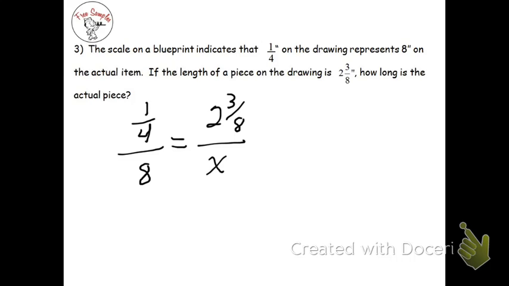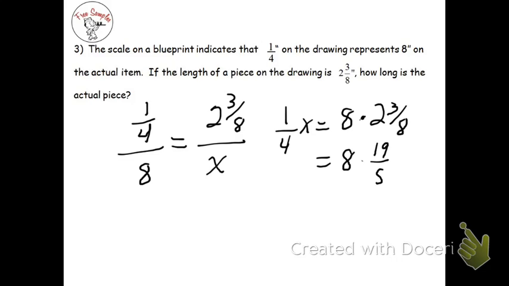Cross multiplying, we'll get 1/4 times x is equal to 8 times 2 3/8. So here I'm going to rewrite 2 3/8 as 19/8. And then the 8's will cancel out, and we just have 19.